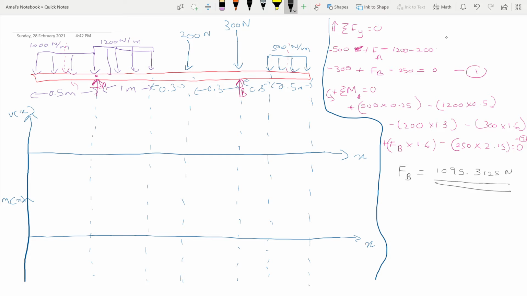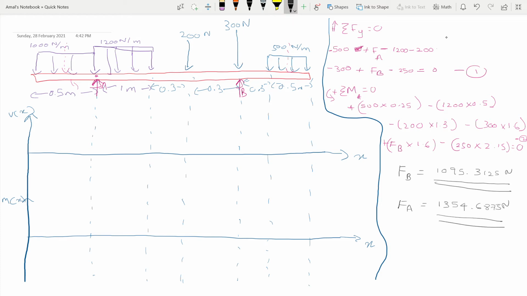Okay, so by knowing this number, I can substitute it into the first equation in place of FB, and I can find FA. By doing that, I already found the answer, so it is 1354.6875 Newton.